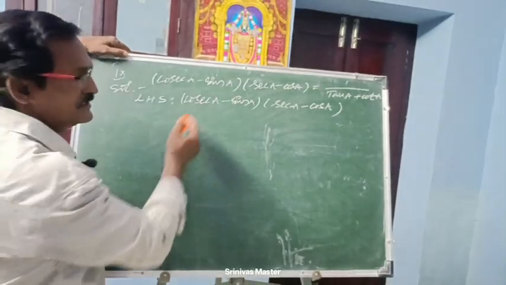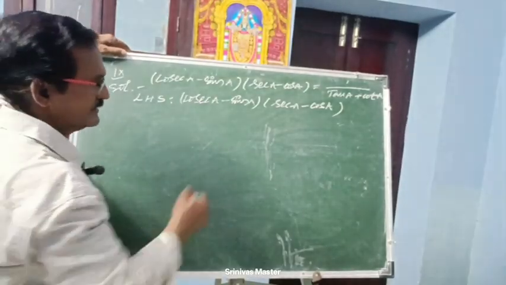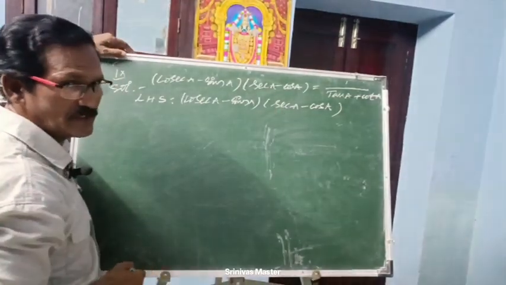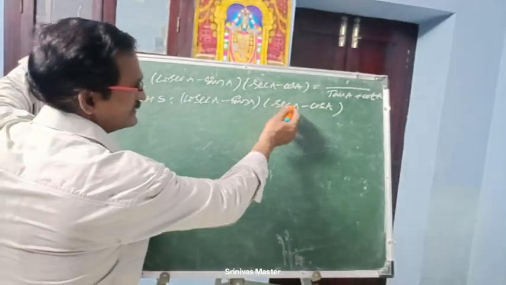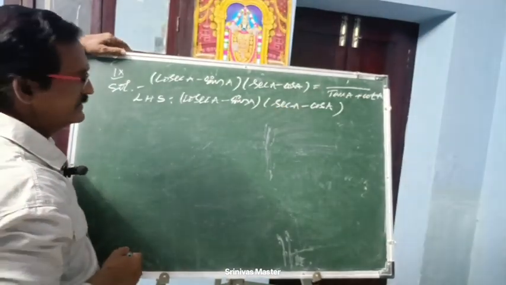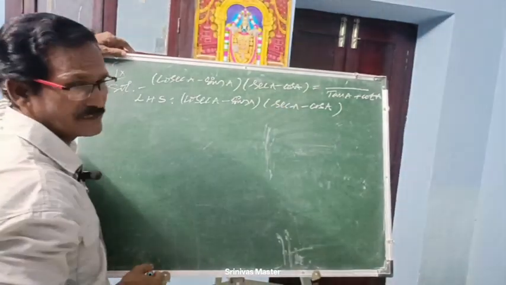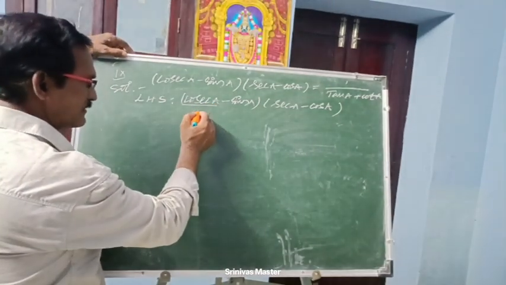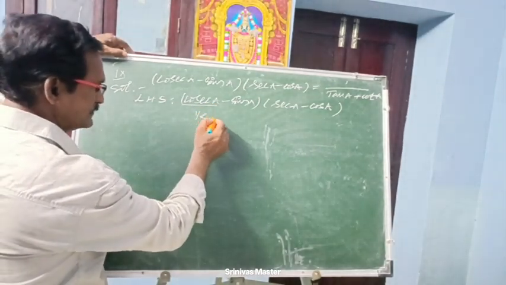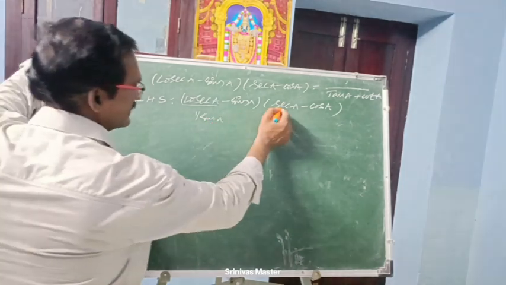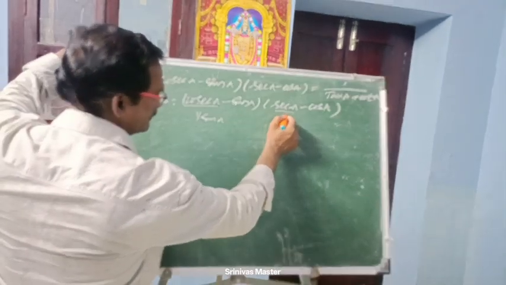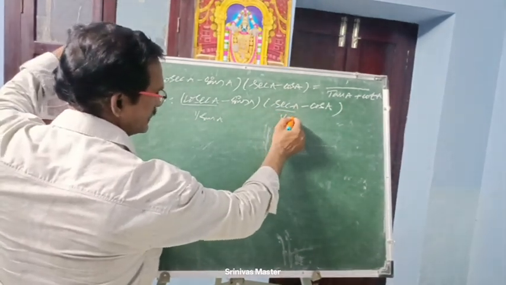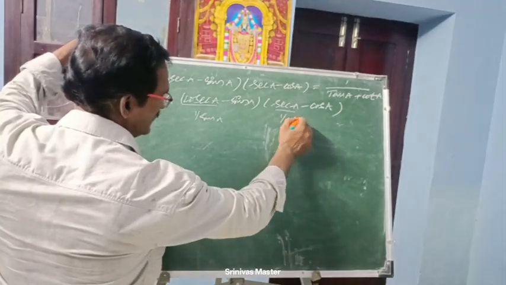That means cosec A equals what? 1 by sin A. And also sec is the reciprocal of cos, so sec A is equal to 1 by cos A. Right. So in cosec A's place you can write 1 by sin A. Okay children, in sec A's place you have to write 1 by cos A.